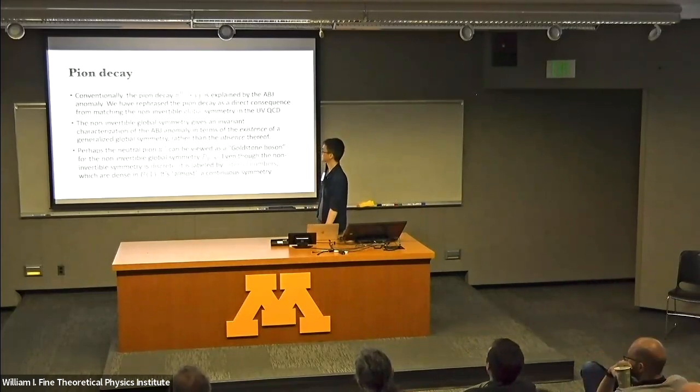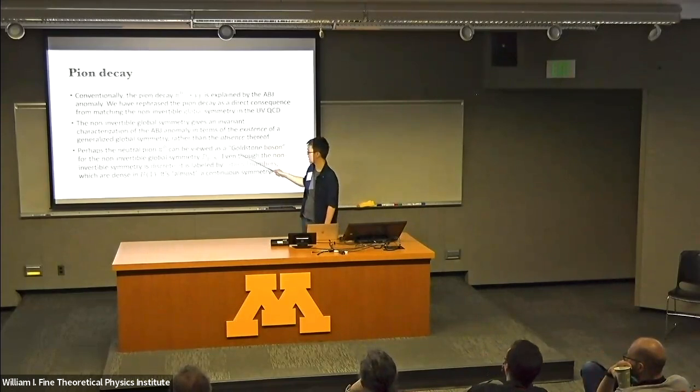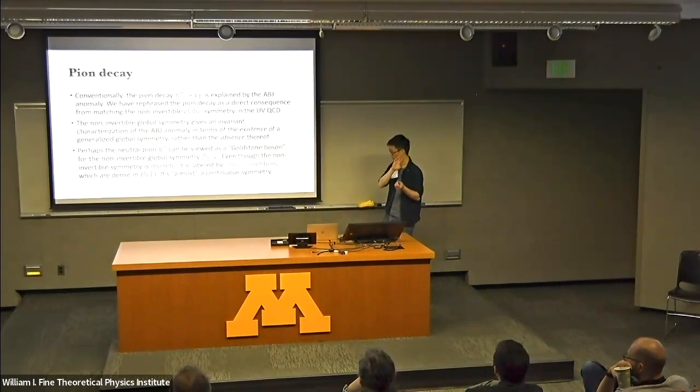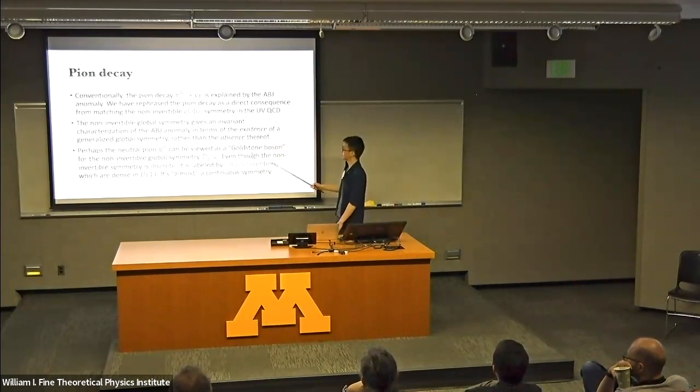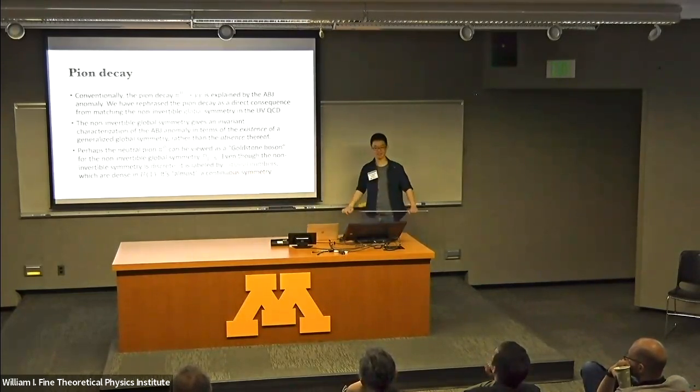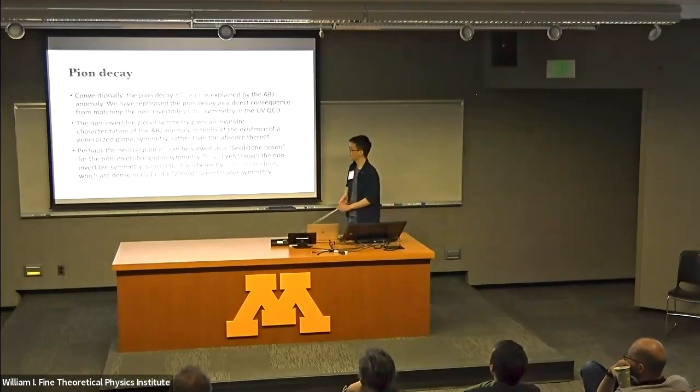All right. So the non-invertible global symmetry, all these D's, give an invariant characterization of the ABJ anomalies, assuming there's no monopoles, and it explains the neutral pion decay in terms of the existence of a generalized global symmetry rather than the absence of one. Perhaps the neutral pion field can be viewed as a Goldstone boson for the non-invertible global symmetry, but I have to put Goldstone boson in quotation marks because the symmetry here is actually discrete.